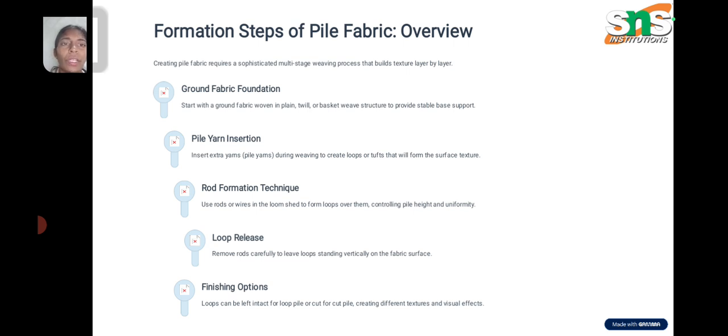Rod formation techniques: use rods or wires in the loop set to form loops over them, controlling pile height and uniformity. Loop release: remove the rods carefully to leave the loops standing vertically on the fabric surface. Finishing options: loops can be left intact for loop pile or cut for cut pile, creating different texture and visual effects.